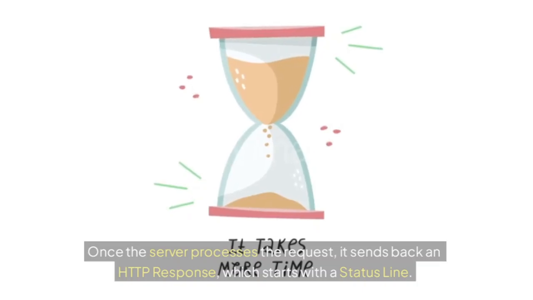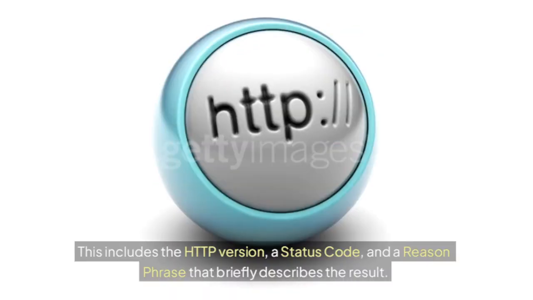Once the server processes the request, it sends back an HTTP response, which starts with a status line. This includes the HTTP version, a status code, and a reason phrase that briefly describes the result.